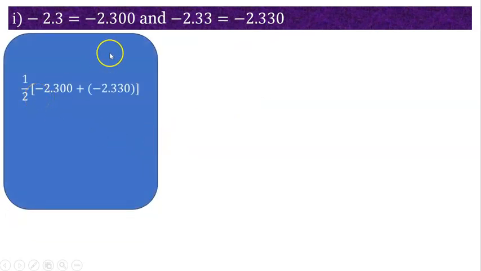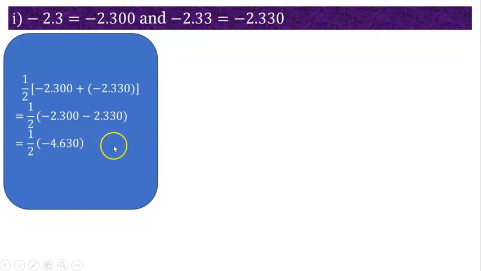The average of these two numbers means 1 upon 2 into minus 2.300 plus in bracket minus 2.330. Their sum is minus 4.630 divided by 2. Then you will get here minus 2.315.